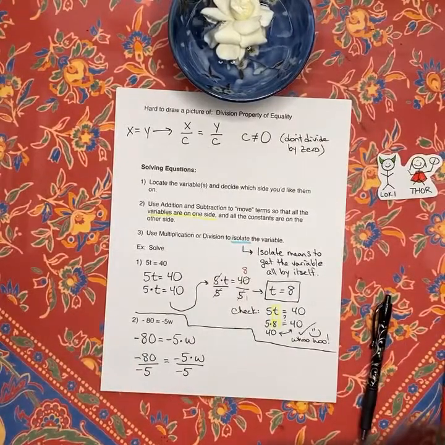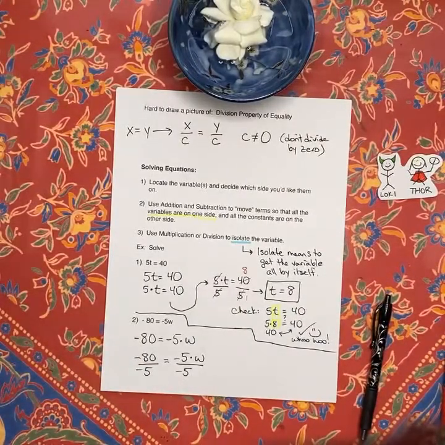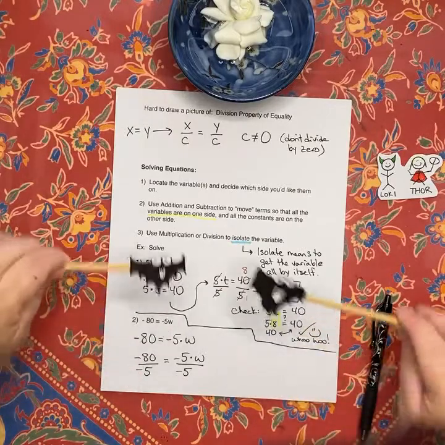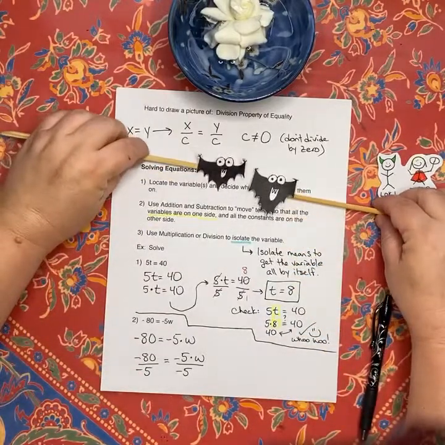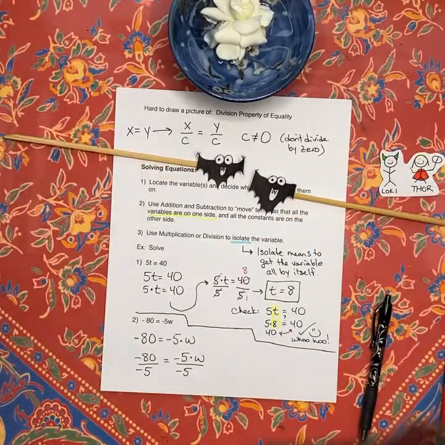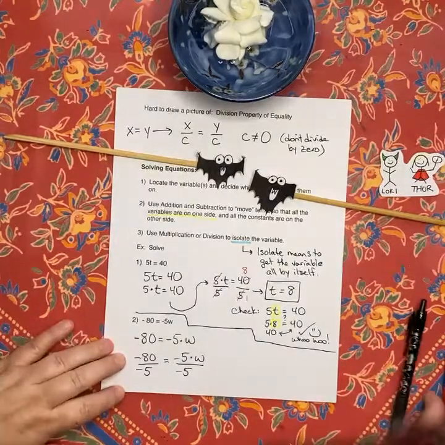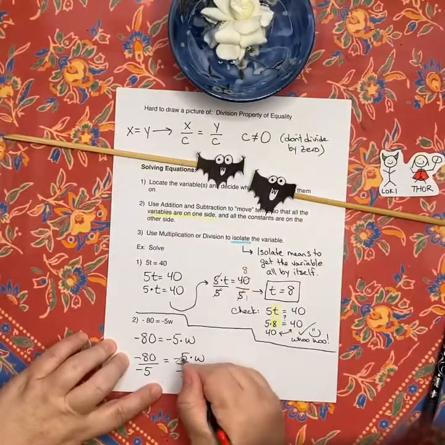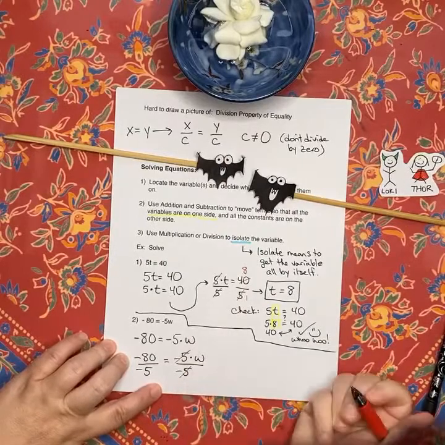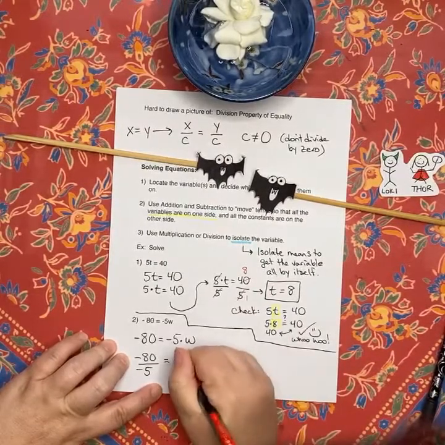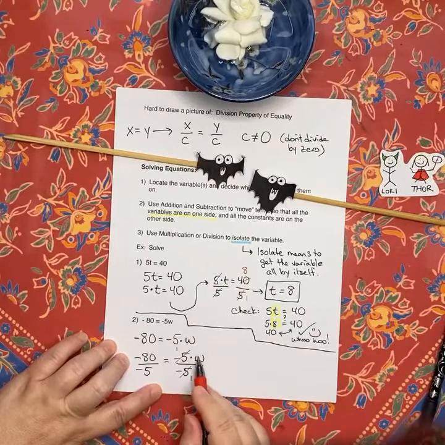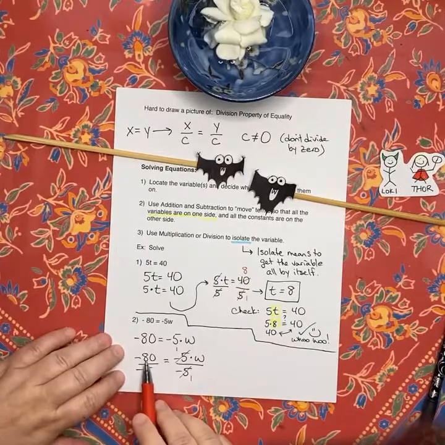Now I need the Bat Brothers. They come flying in, flop, flop, flop, and boy, are their arms tired. I'm going to leave them right up here for a moment. Okay, so over here, the -5 and the -5 cancels completely. And I'm just left with that W. But what happens over here when I cancel?